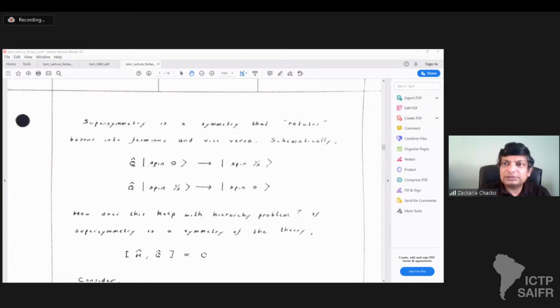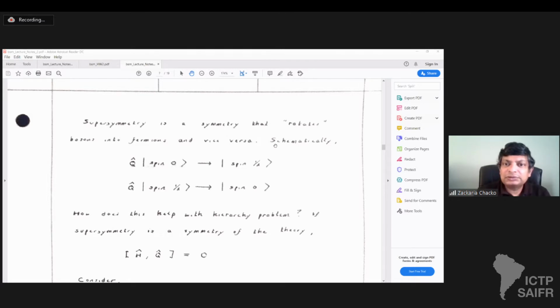So let's start talking a little bit about supersymmetry. What is supersymmetry? Supersymmetry is a symmetry that, quote unquote, rotates bosons into fermions and vice versa.